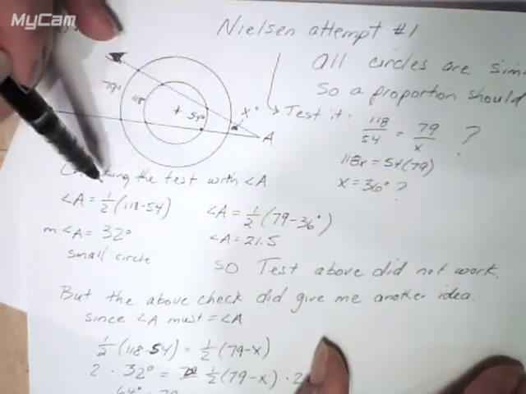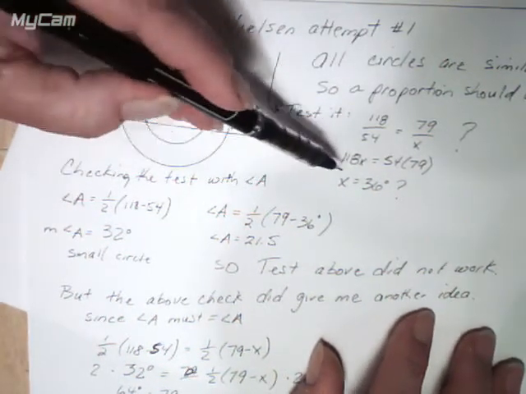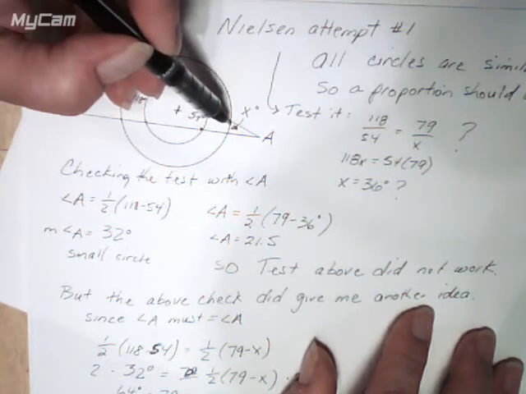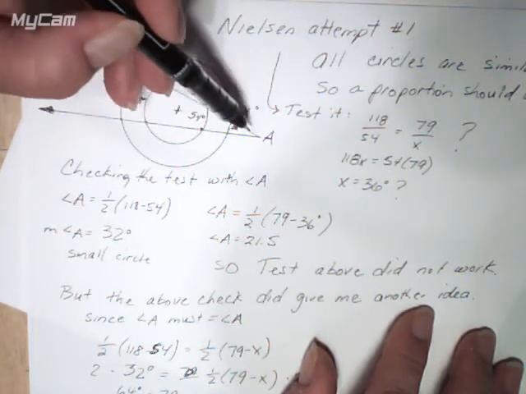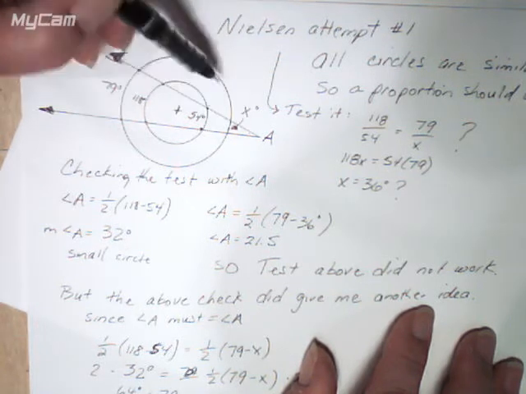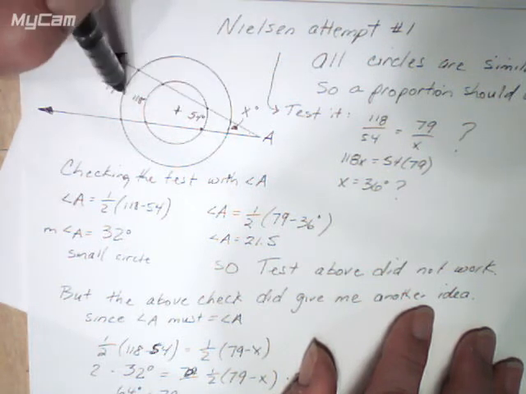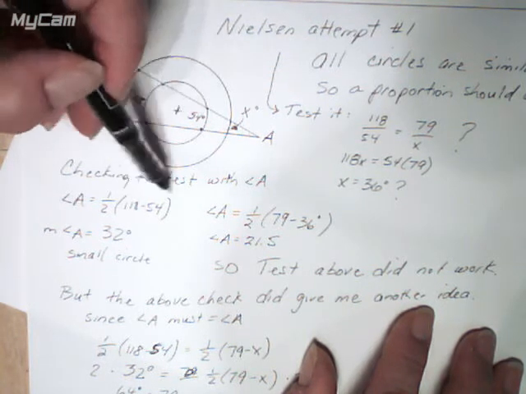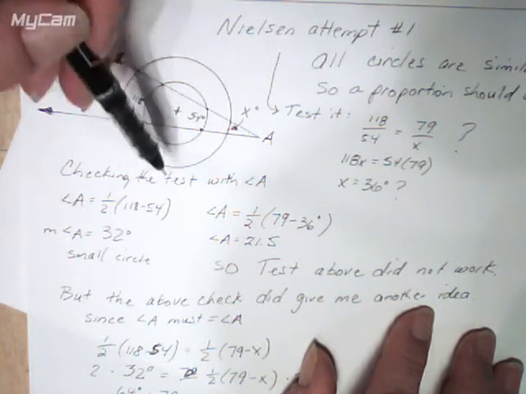I can check it though, because if x is 36, that means this arc is 36, which means I can find angle A. If I find angle A for the big circle, and then find angle A again for the small circle, I should get the same number if I've done it correctly.